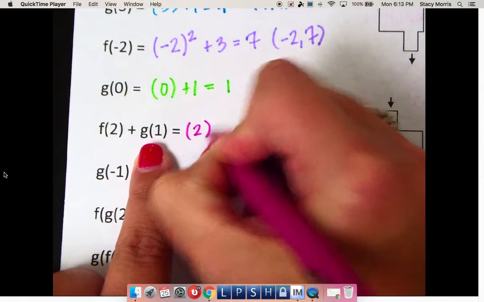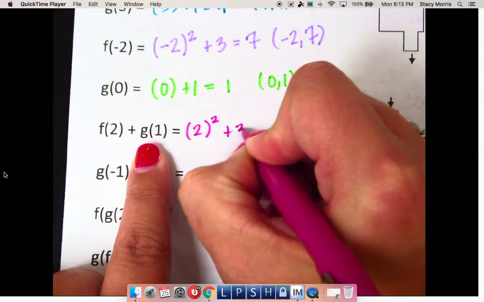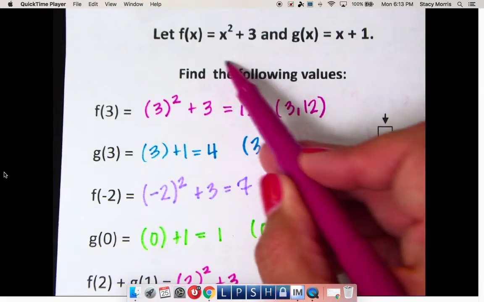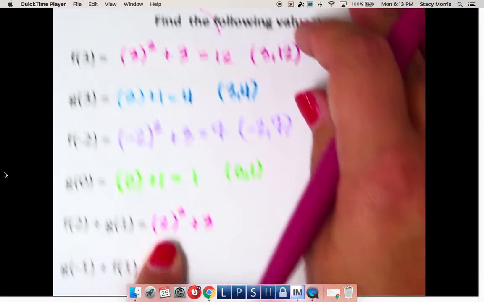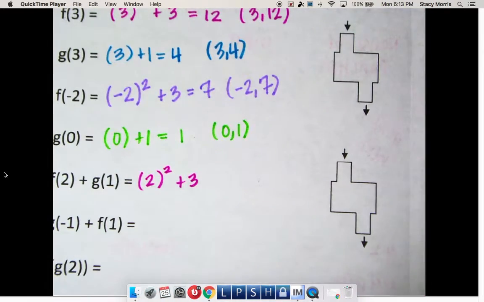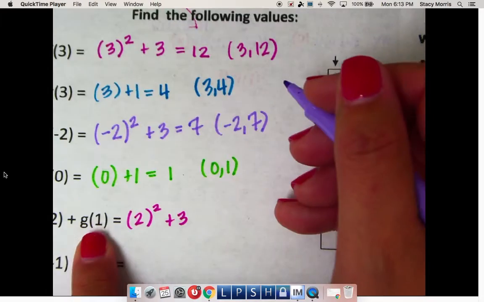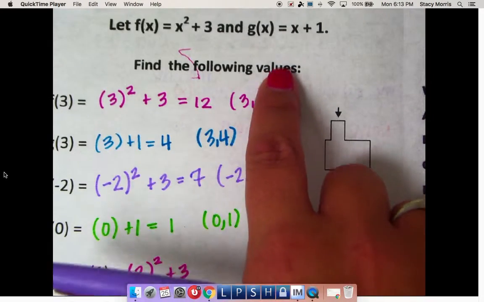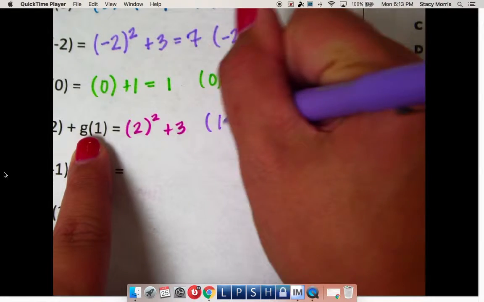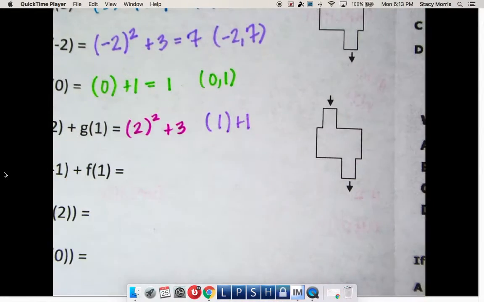So I'm going to do 2 squared plus 3. That's f of 2 because I used the x squared plus 3 up here, the f equation. And then I'm going to do the g part of that equation, which is 1. Right here, we're plugging in a 1. 1 is going to go in for x plus 1.